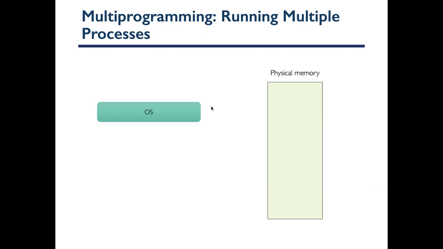Now, the operating system runs not just one program, it actually runs multiple programs. The way it works is, well, we talked about the virtual address space. In reality, our system has physical memory. And this is where the operating system as an illusionist comes into play. There has to be a mapping between processes' address spaces and the physical address space.